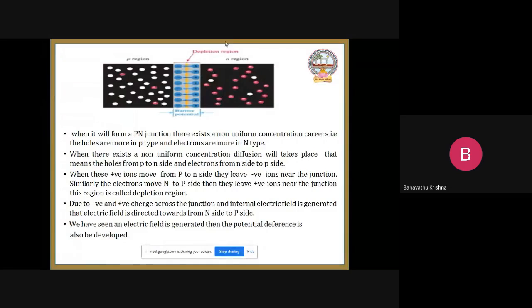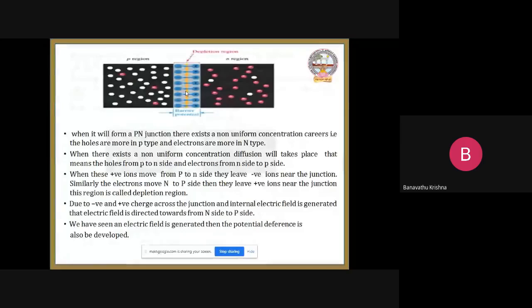And due to the minority charge carriers moving across the junction, the drift current is generated. So the diffusion current and the drift current neutralize each other. Here these ions are immobile ions. Okay, let's go to the next slide.